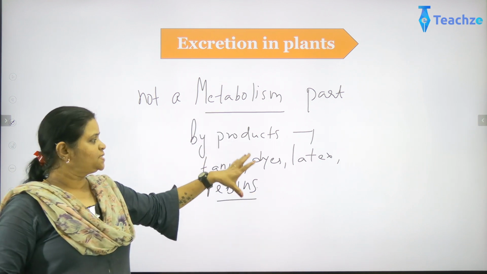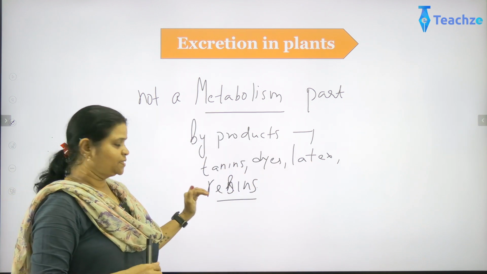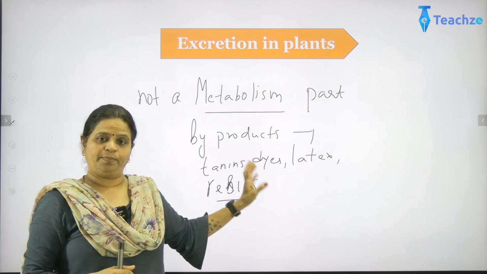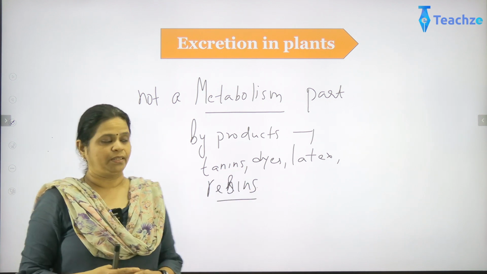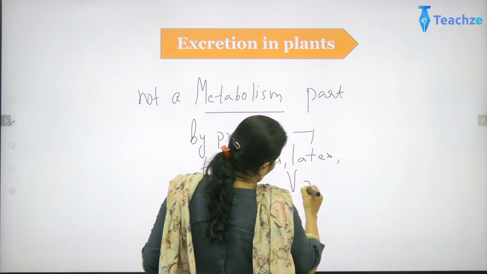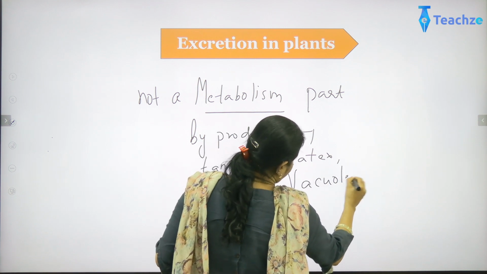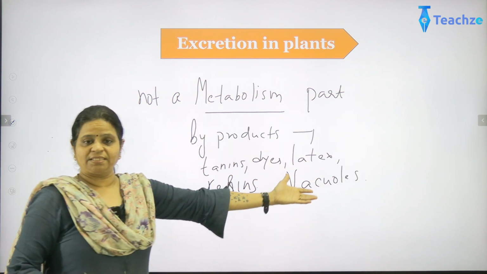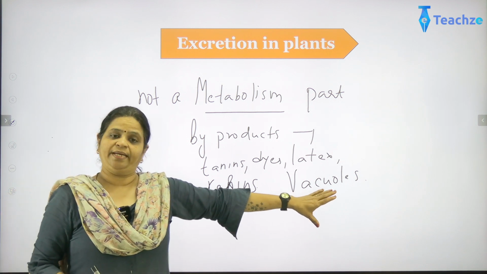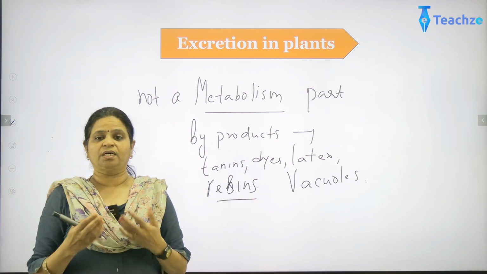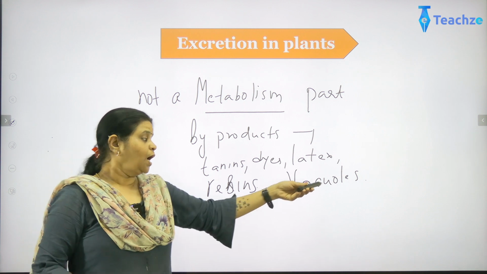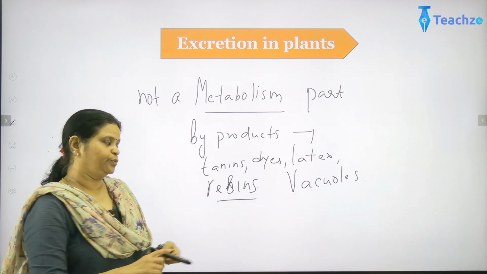All these tannins, dyes, latex and resins are given out from the body as a byproduct from the plant. We all know that vacuoles also excrete certain substances. So the excretory products are also stored in vacuoles. The excess sugars or excess salts, whatever are present, are all stored in vacuoles.